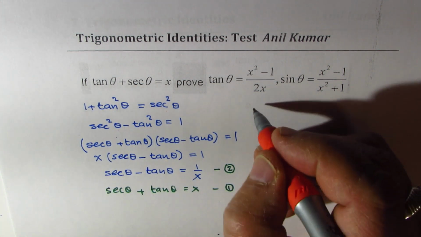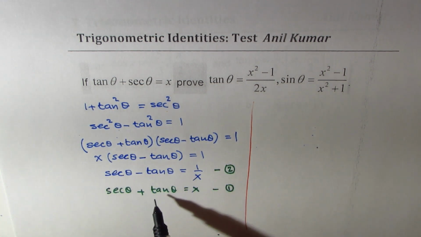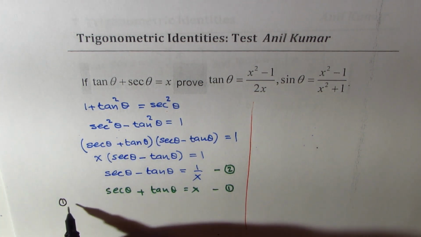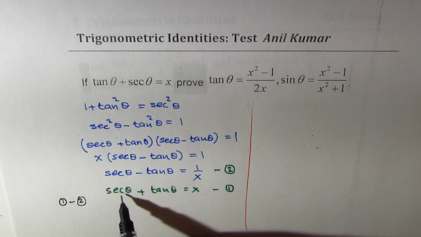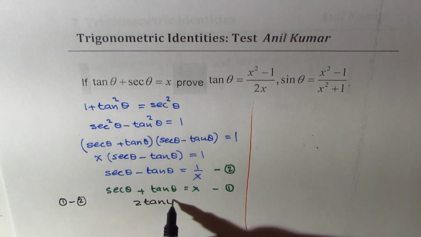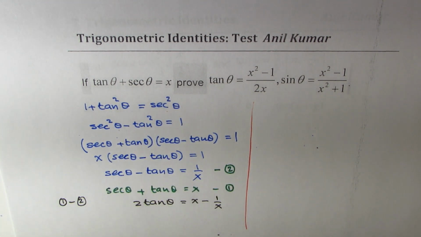Okay. Now from this equation we can easily find what tan theta is, right? So if I do equation 1, lower one, minus equation 2, then secant cancels and I get 2 tan theta equals x minus 1 over x. Do you see that?